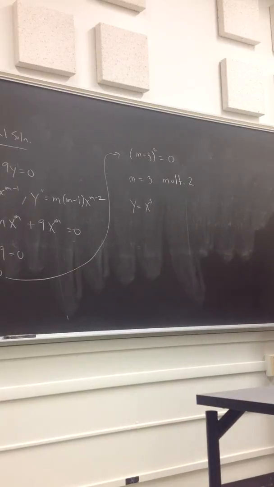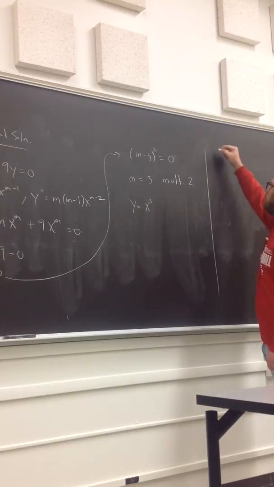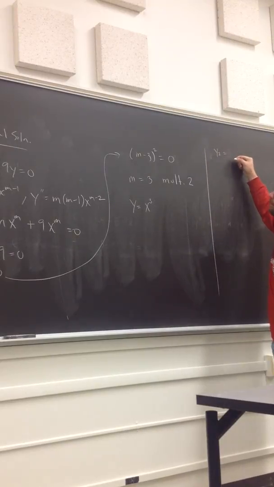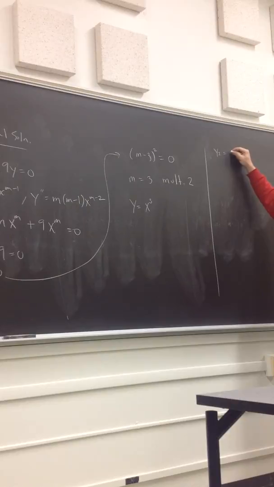Okay, so to determine the second linearly independent solution, we need to use reduction of order. Again, I'm going to appeal to the formula. You remember what the formula is? I'm not going to use the method, I'm just going to use the formula.